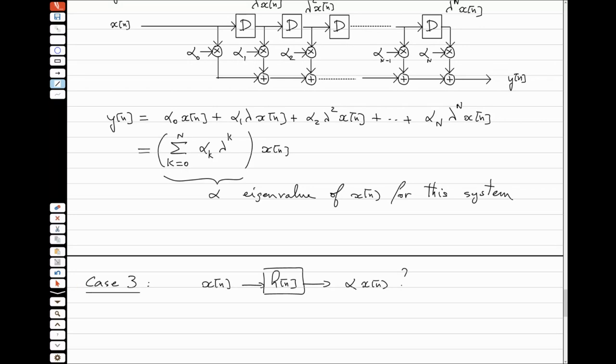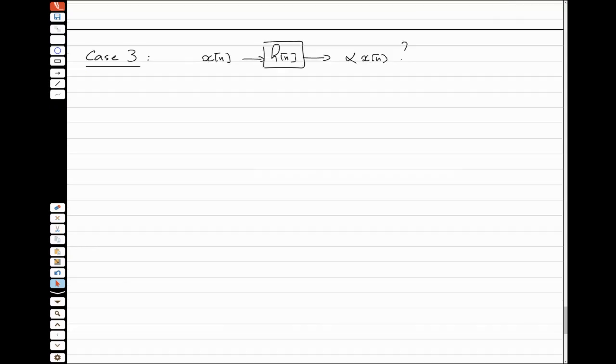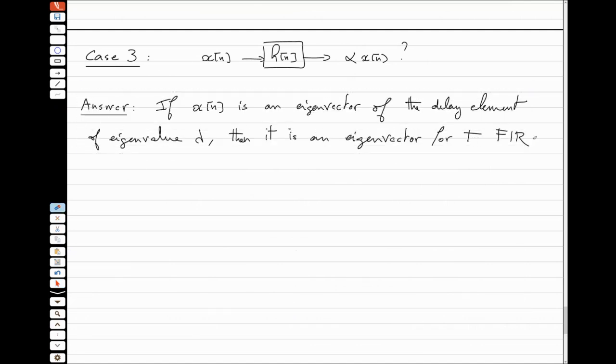And the answer is yes. Same thing. In fact, the truth is that it's going to work for any system, not just the FIR, but any LTI system.